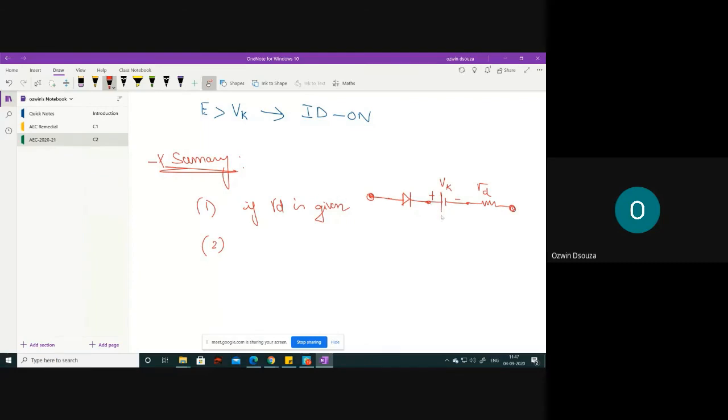If RD is given, this should be the diode equivalent circuit. On the other hand, if RD is neglected or not given, you can select the approximate circuit.